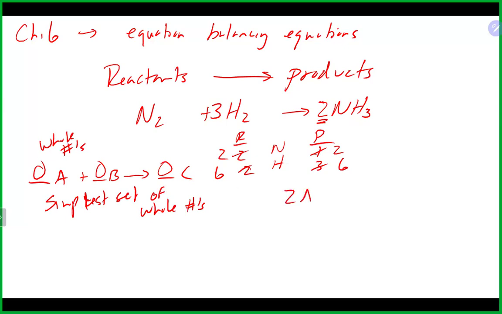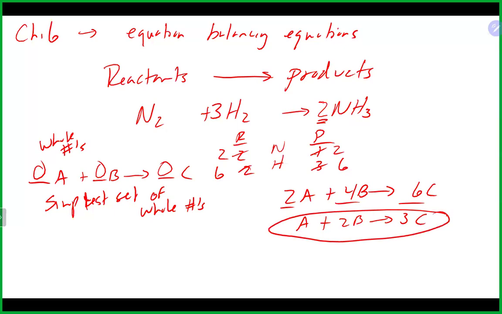So again, if you ended up with a balanced equation that looked something like this, and this was balanced with these coefficients, you could actually go through and reduce everybody down by 2, and you should do that to get the properly balanced equation in that case.